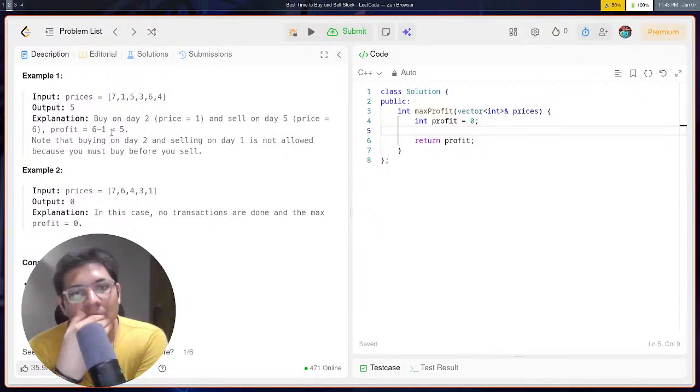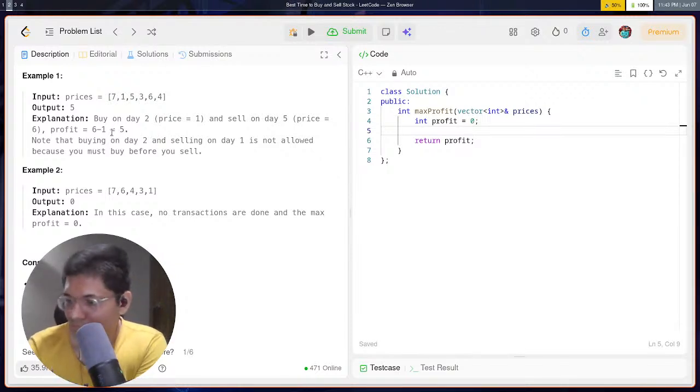Buy on day 2, sell on day 5. Let's check it out.